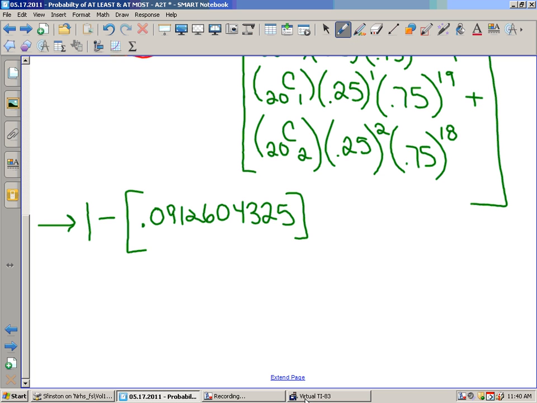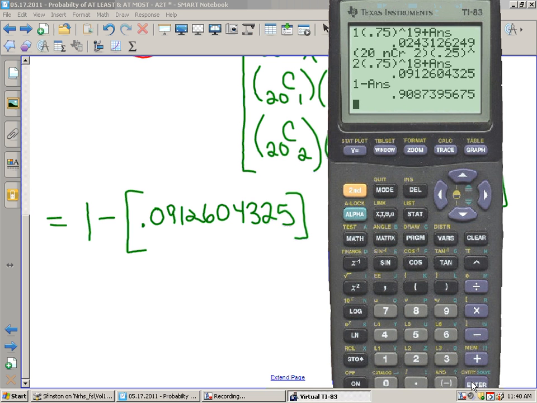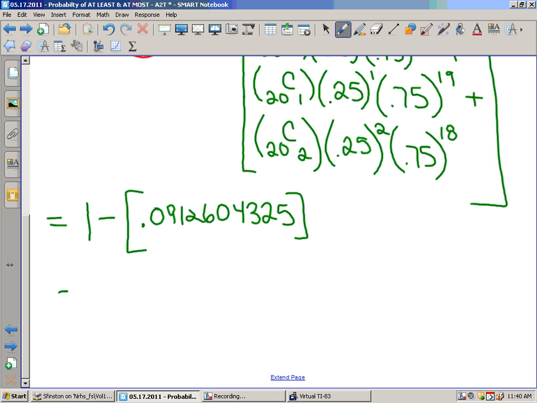And then here's what we're going to do next, right? Instead of plugging all this back into our calculator, we're going to do 1 minus the answer. And then it's 0.9. Whoops.